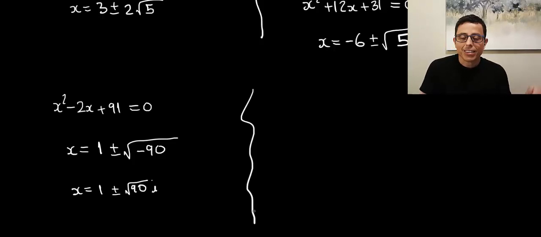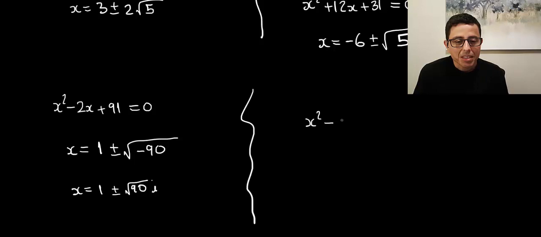Let me create here another one from the top of my head. Let's say x squared minus 8x plus 31. Well, it's almost like this one here, right? Okay, let's see what this is.